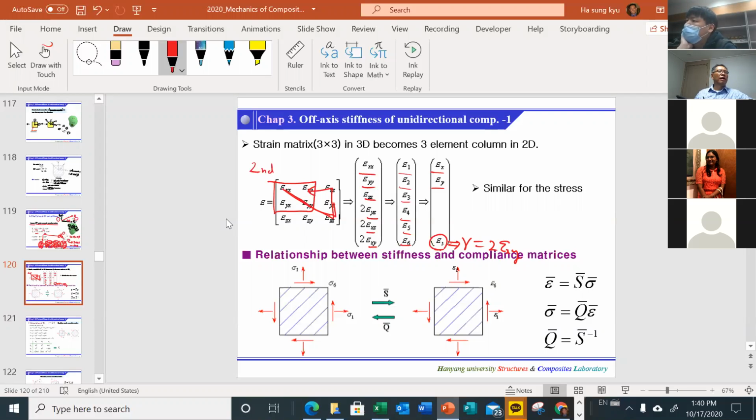Now, what we would like to do is to look at the definitions of compliance and stiffness. This is the ob axis, right? This is the ob axis, and this is the ob axis, and this is the stress, and this is the strain.